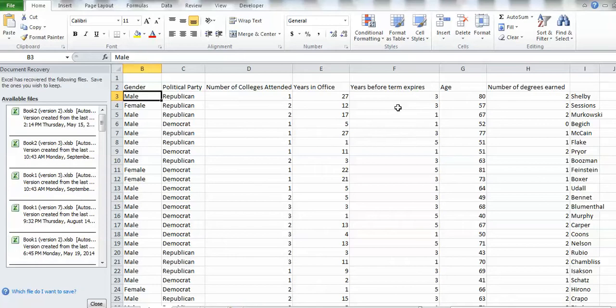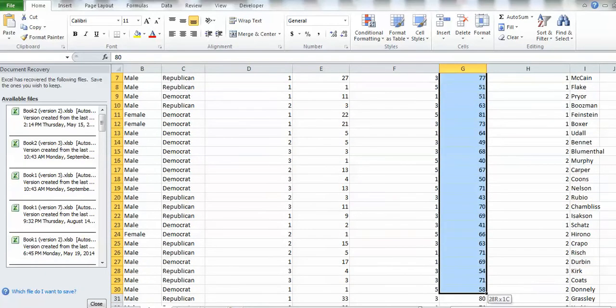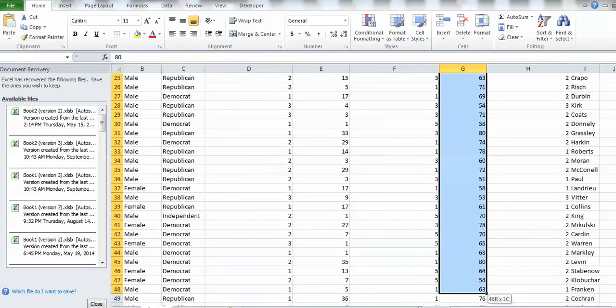And one way to look at whether two variables have a positive correlation or a negative correlation in your data set is by making a graph called a scatterplot. And I'll show you how to make that with Excel. If we're interested in age and years in office, we would highlight these two columns of data.